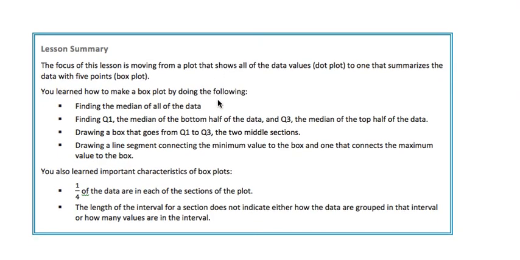The focus of this lesson is moving from a plot that shows all of the data values, which was a dot plot, to one that summarizes the data with 5 points, which we call a box plot.